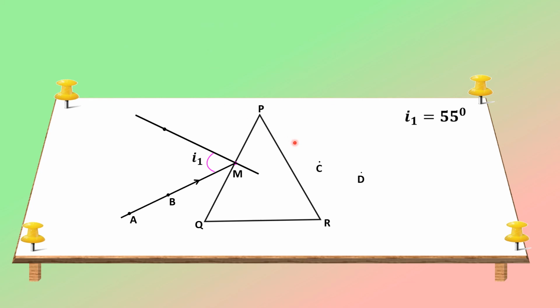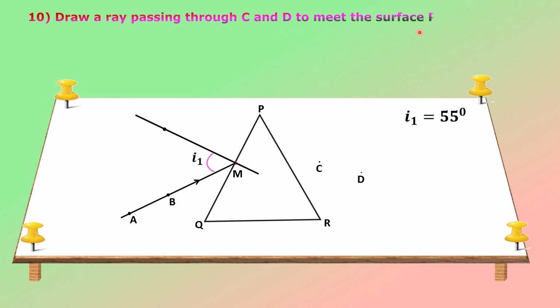Now we have to draw a ray passing through C and D, and that ray meets PR surface at N. Draw a ray passing through C and D to meet the surface PR at N, and this ray indicates the emergent ray.